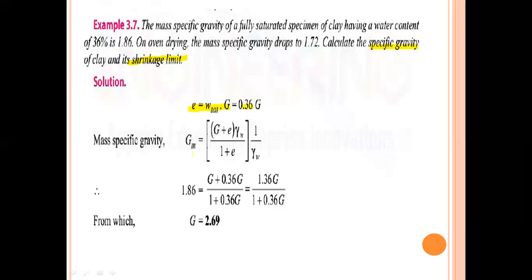Then G equal to... mass specific gravity Gm equals (G plus e) into gamma W divided by (1 plus e) into 1 divided by gamma W. Gm, the mass specific gravity at 36 percentage, is 1.86.